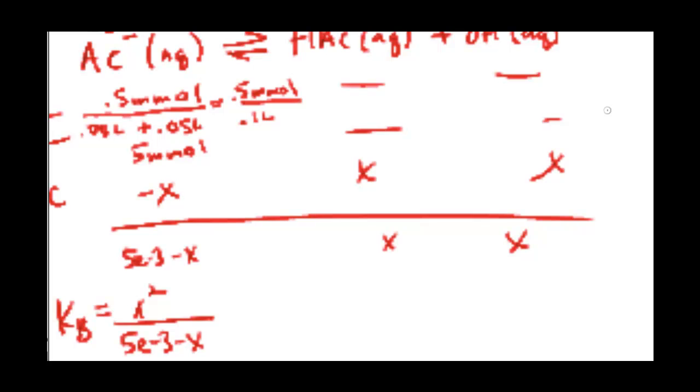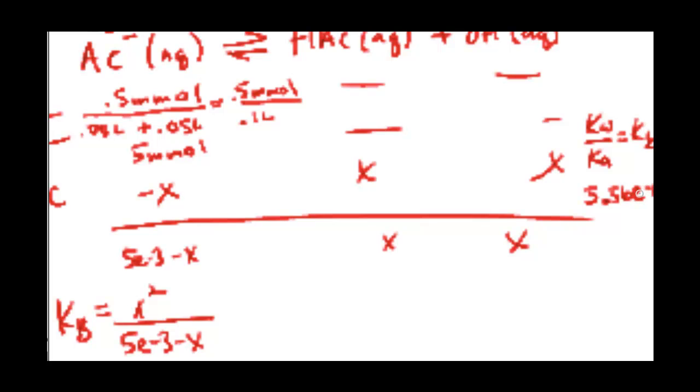Well, we don't know Kb, but remember that Kw over Ka can give me my Kb. And Kw is 1 times 10 to the negative 14, divided by that 1.8 times 10 to the negative 5 gives you the Kb, which is 5.56 times 10 to the negative 10.